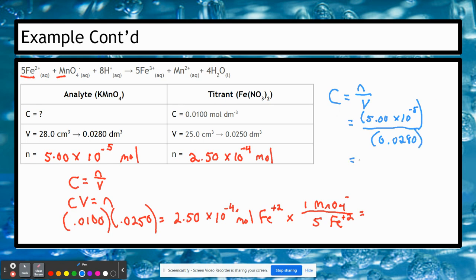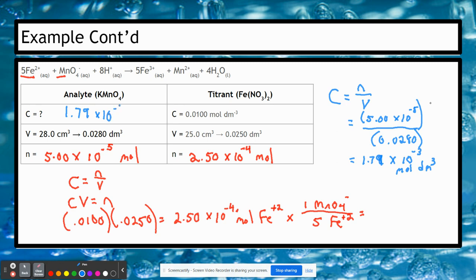And my concentration then, when I divide by the volume, is going to be 1.79 times 10 to the negative third moles per dm3. And that's what my final answer is for my concentration.